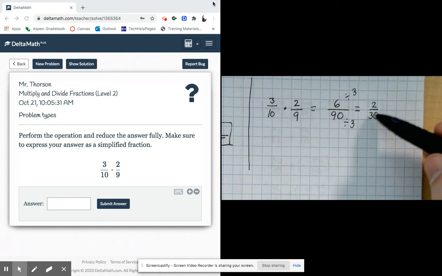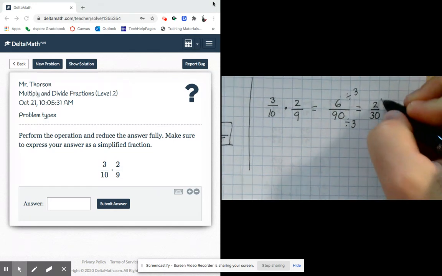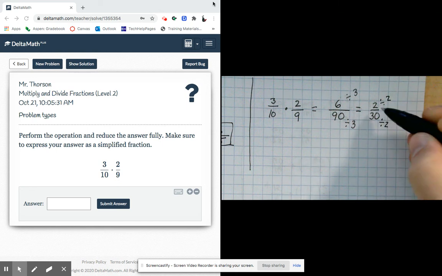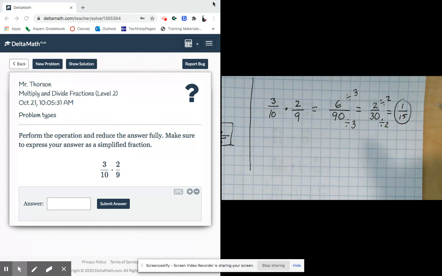We know that 30 is an even number, and we know that with even numbers, they're always divisible by 2. So we could divide by 2. 2 divided by 2 is 1. And 30 divided by 2 is 15. I know for a fact that's in simplest form. I have a 1 already in my numerator, so I know that there's nothing else that we could factor out.